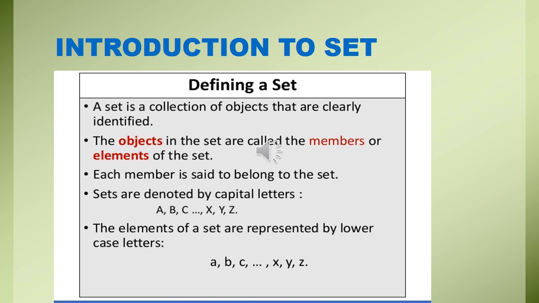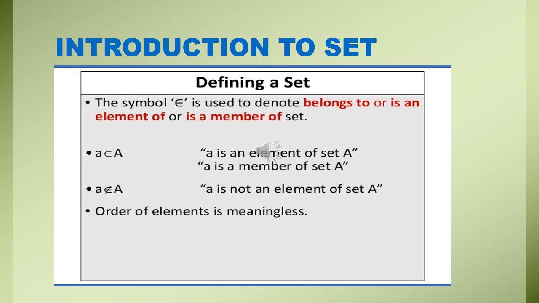Good. Now the objects in a set are called elements or members of the set. We can say members or we can say elements. So all the objects, all the numerals present in a set are called the members or elements, and each member is said to belong to the set. Usually we use a capital letter to denote sets, and the elements or members are represented by small letters of the alphabet. Good.